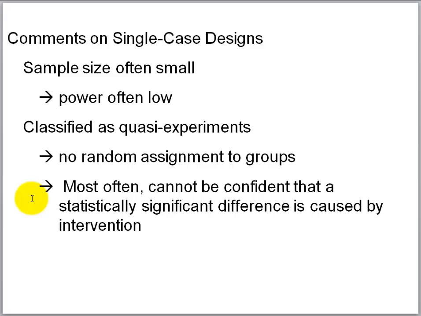It might be that some other factor came into play. So we intervened to increase socialization, but perhaps there was a major life change that took place at about the same time. So that, rather than our intervention per se, might be the cause of the difference.